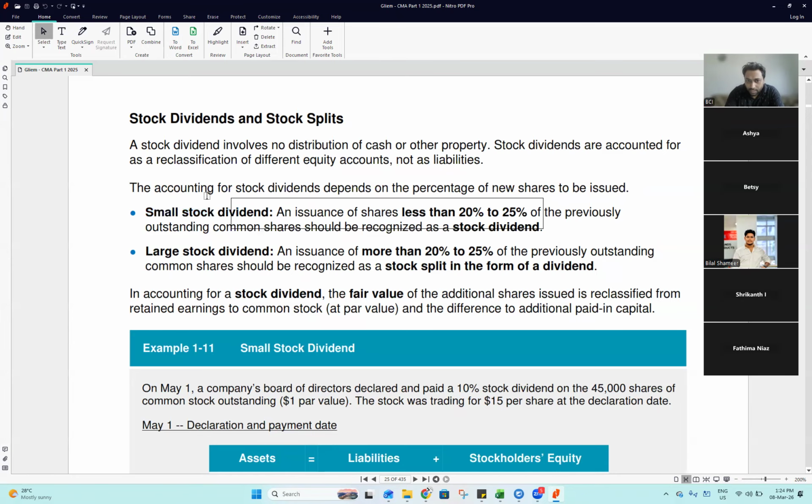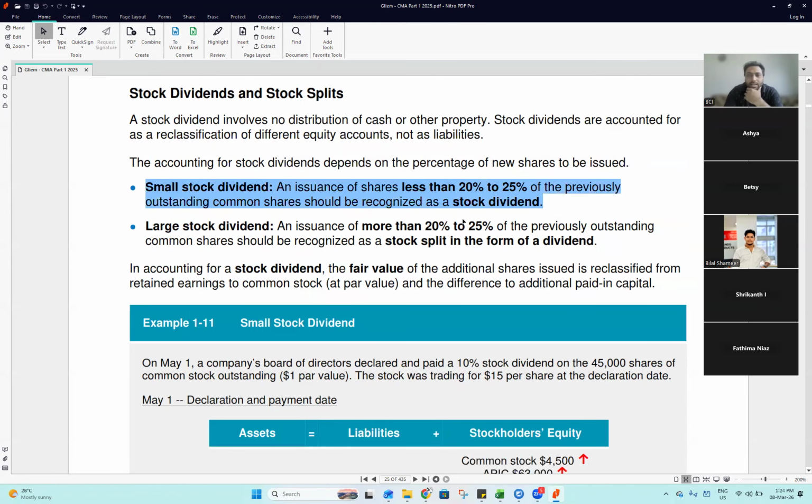Why does it say 20 to 25%? Because in the US, each state has its own rules. Some states consider 20% as a stock dividend. Some consider it only if it is less than 25%. Clear?